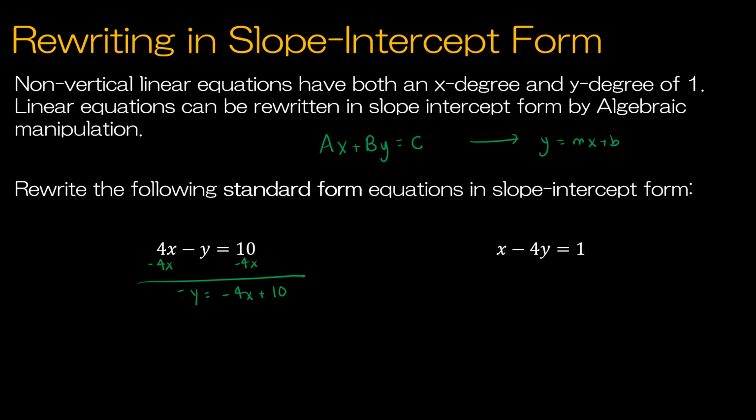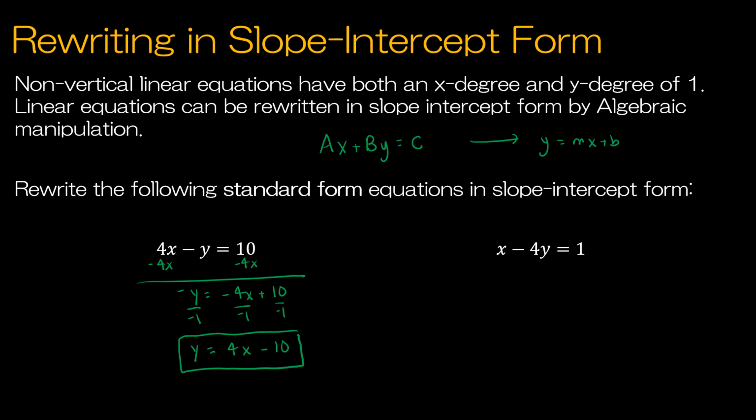Now I'm almost where I want to be, but I have a -y, so I have to divide everything by -1 because I want that to be positive y, and that will give me a positive 4x and a -10. So now I have rewritten a standard form equation into slope-intercept form.